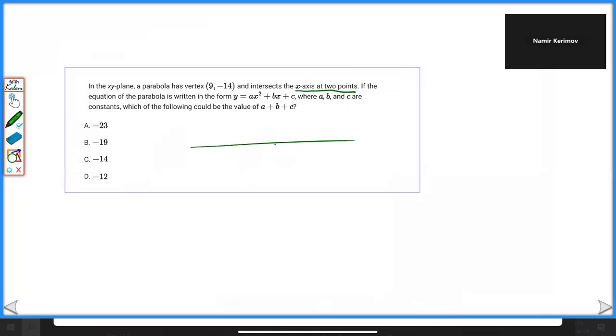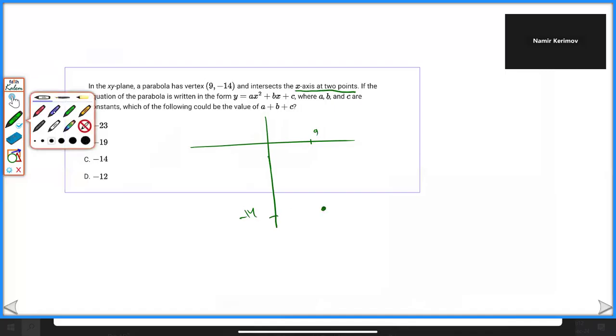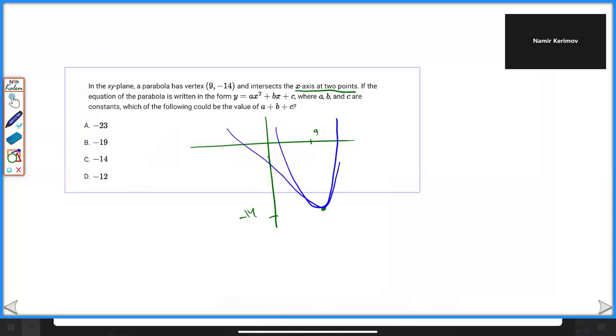So it means the graph should be like this, or maybe like this. So two intersection points. And we know the vertex point is 9 and negative 14, which is here. And we can say the graph can be that form, maybe that form, yeah.